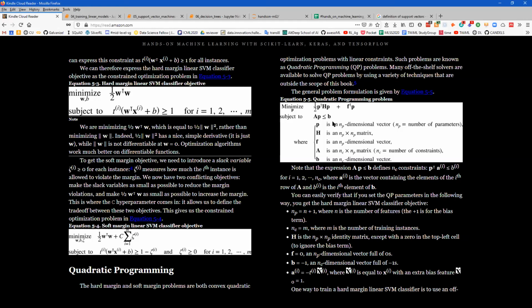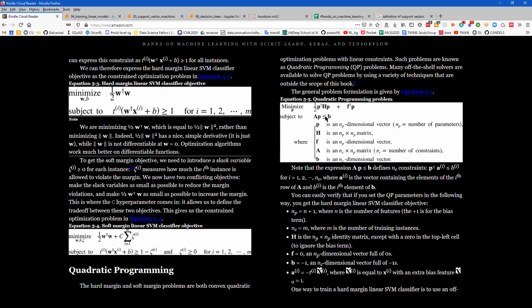Subject to... okay, so we have 1/2 W transpose W. That's what we have to minimize, subject to some constraints. I think the constraints are where the slack comes in.